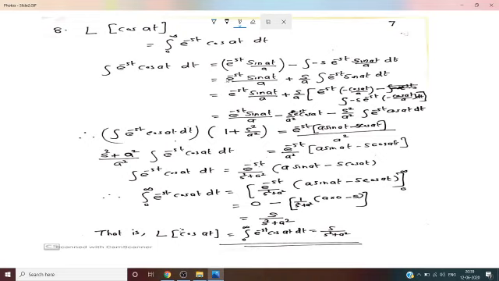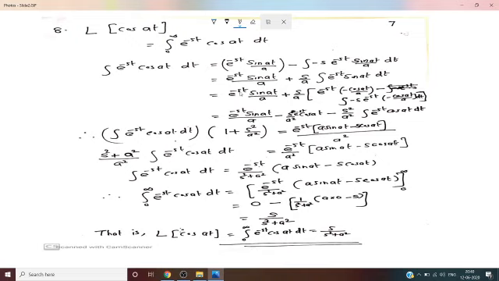That is e raised to minus st into sin a t by a plus s by a, that are constants, so we can take it outside, s by a into integral. When we integrate with respect to t, then s and a are constants. Integral e raised to minus st into sin a t dt.